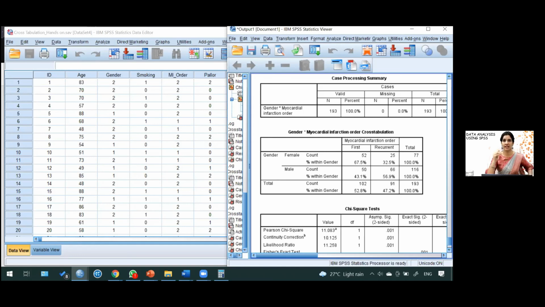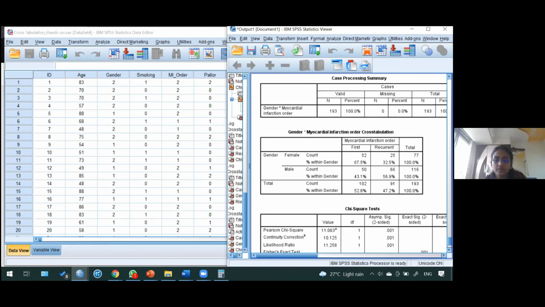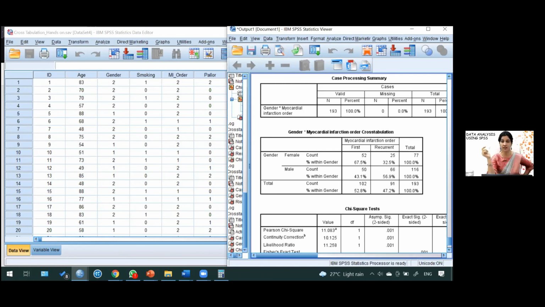We can only say that the proportion of recurrent MI is high in male as compared to females, according to this percentage, because it's a test of two proportions. Remember, another name of the chi-square test of homogeneity is the chi-square test of two proportions. So you have to see the proportion, and you will always see the proportion row wise.